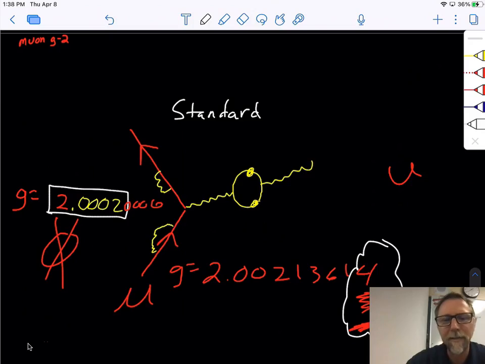But there's nothing in the Standard Model that says that a particle, even if it was some crazy thing going on here, we don't have any. So it's an unknown.